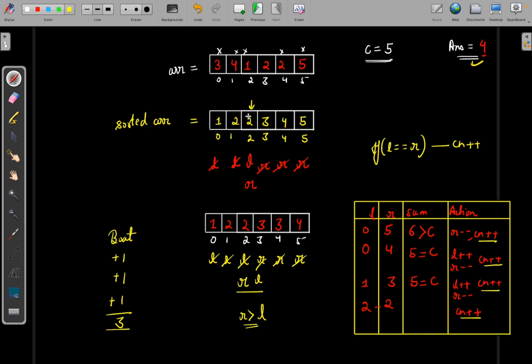But even if that person is less, he will be alone in that boat, and a boat will be required for him. That is the last person, so we will require one boat for him, right? So this is how this condition works, and this is how we are dealing with the edge case.